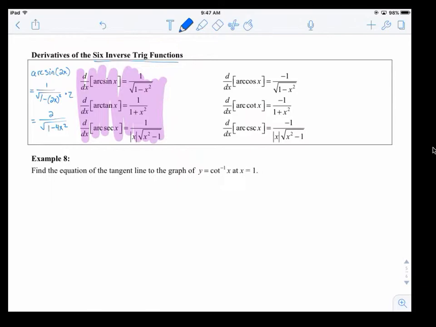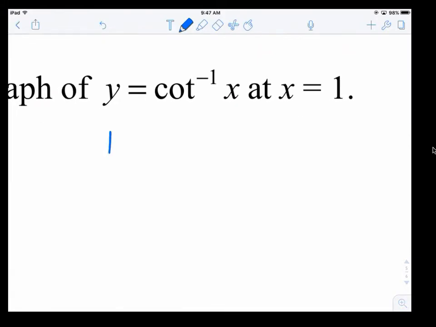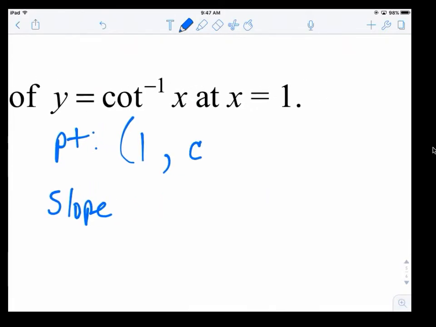All right, let's see if we can get number 8 done before the period. Find the equation of the tangent line to the graph of inverse cotangent at x equals 1. So you need a point and a slope. Now, the point: the x value would be 1, and the y value is going to be cotangent inverse of 1.